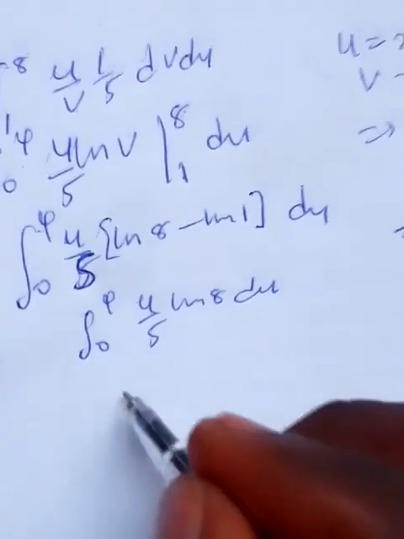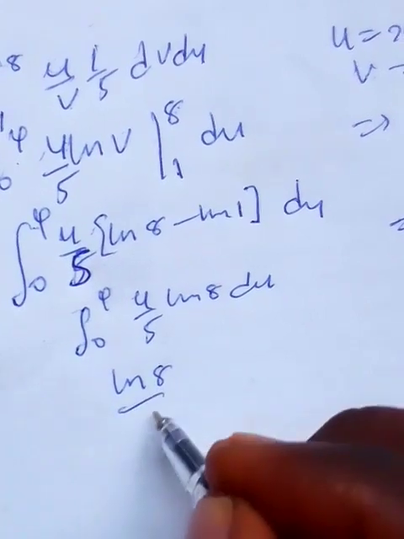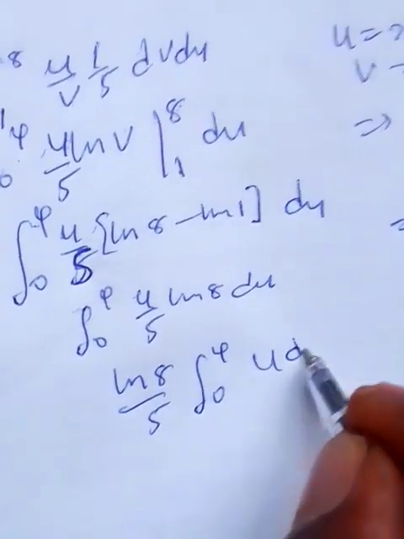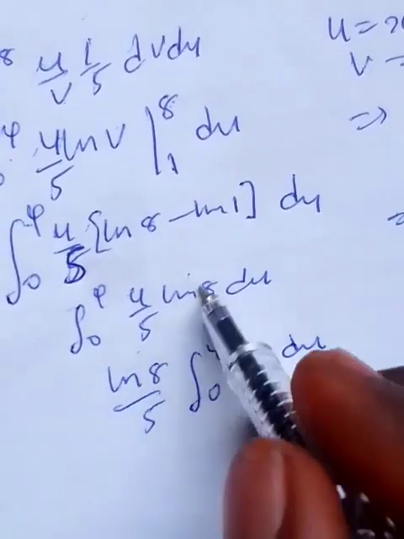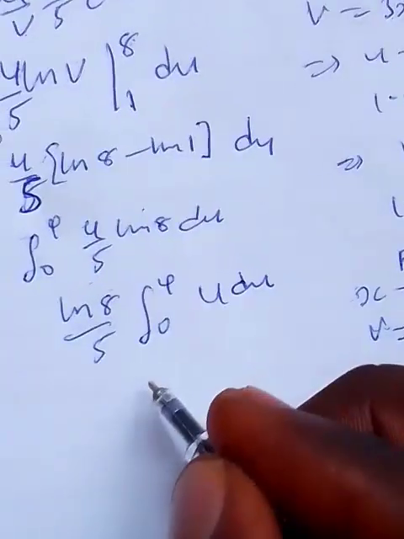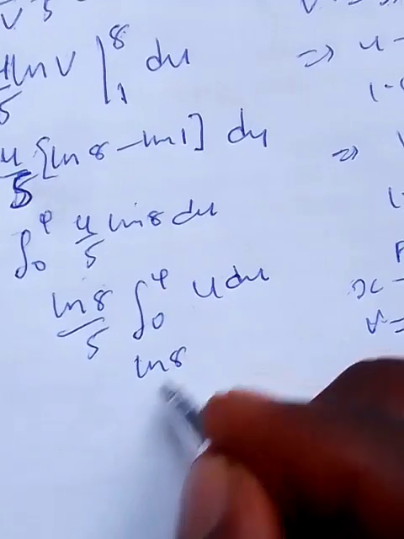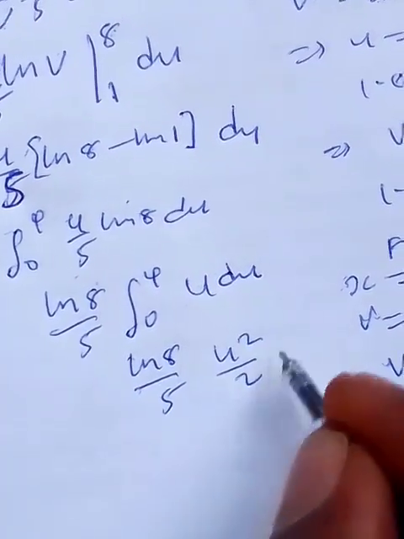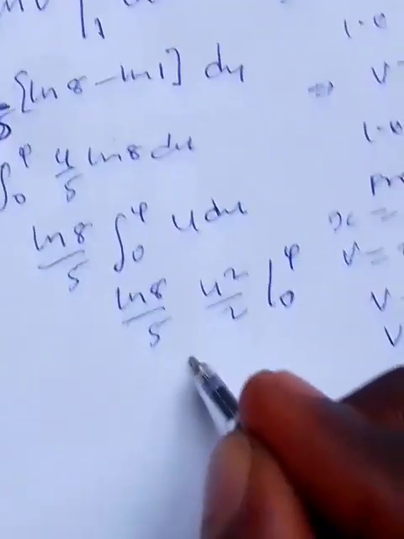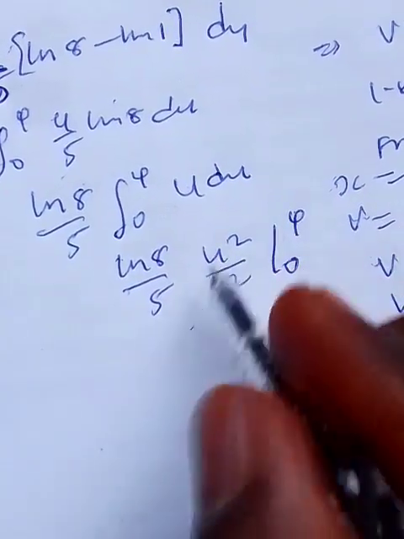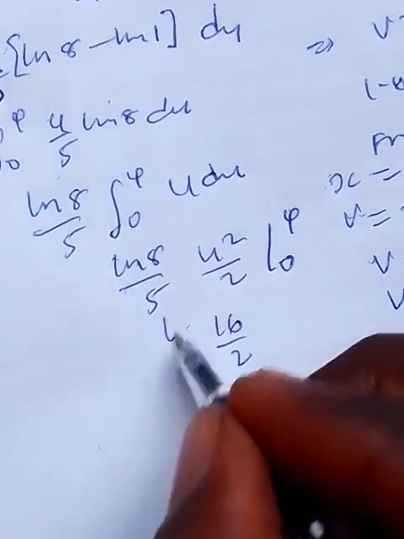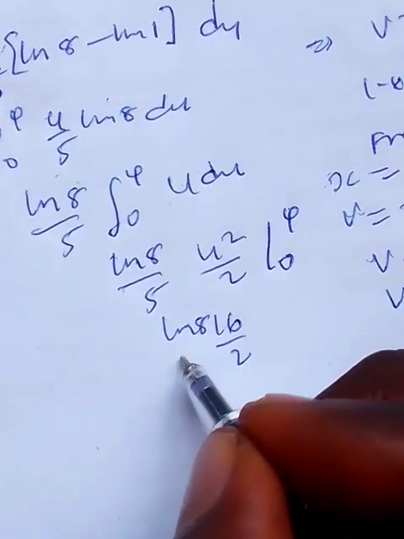We take ln 8 over 5 out, and we have the integral from 0 to 4 of u du. Because these are constants, you can take them out of the integral. So we have ln 8 over 5. Integrating this, we have u squared over 2, from 0 to 4. So we plug in, we have 16 over 2 times ln 8 over 5.